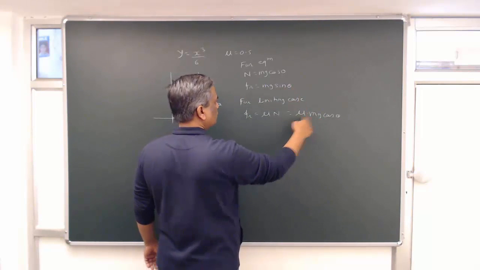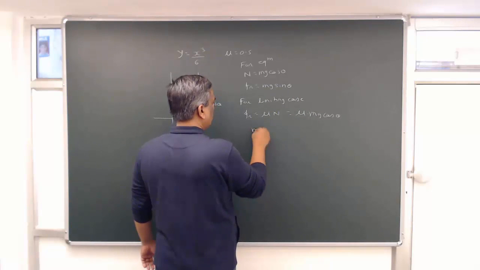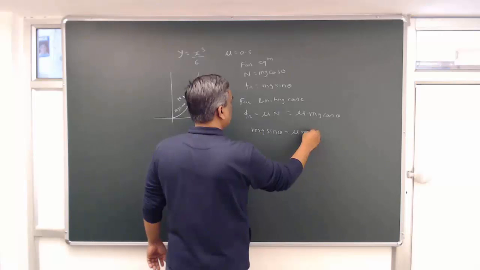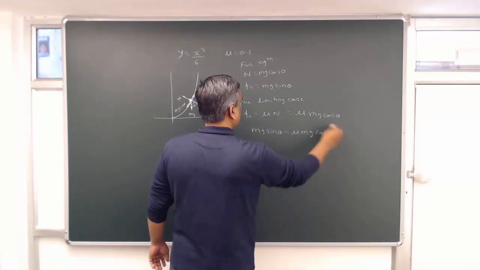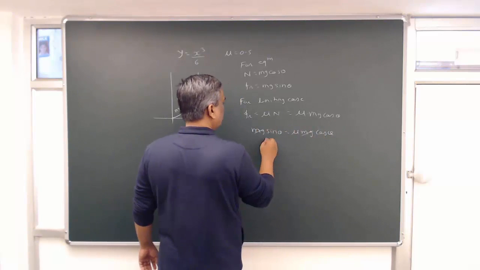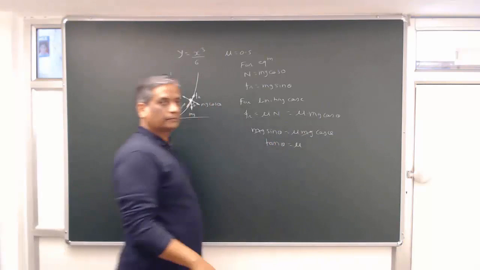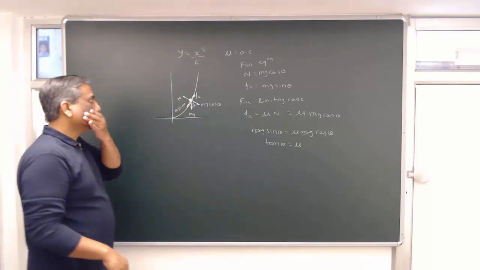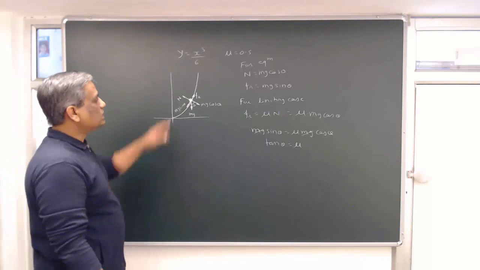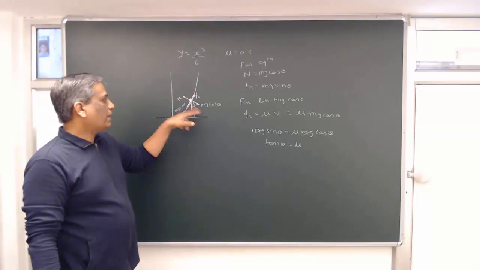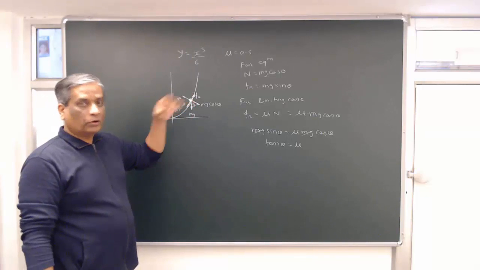So mg sin theta is equal to mu times mg cos theta. So mg goes off and tan theta is equal to mu, right? So far so good. So that is the maximum angle where we can reach, not beyond that.